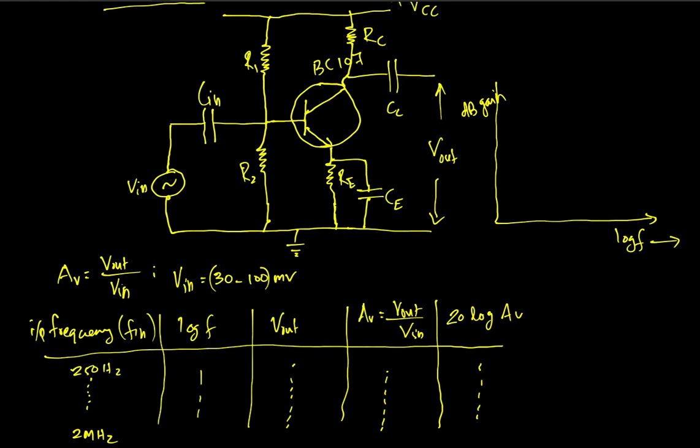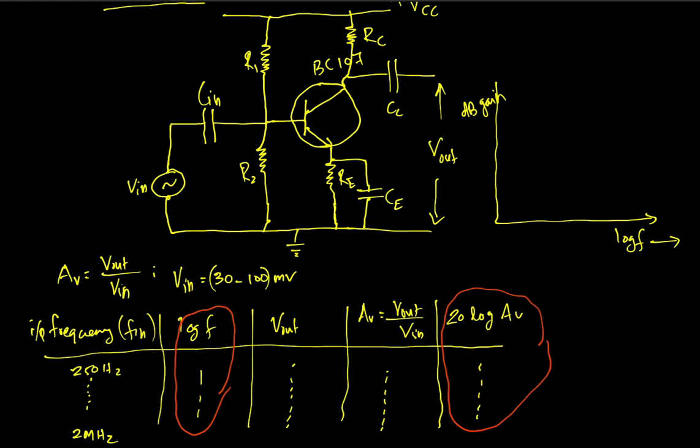Now we will draw the frequency response, that is the log of frequency versus the decibel gain. So we will take these log of frequency values along the x-axis and the decibel gain along the y-axis.